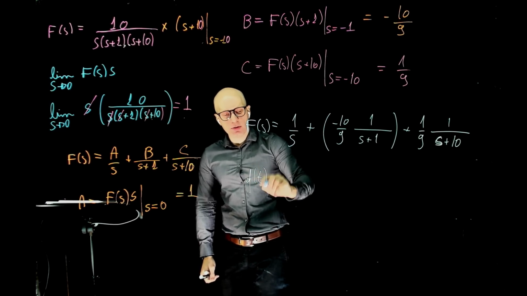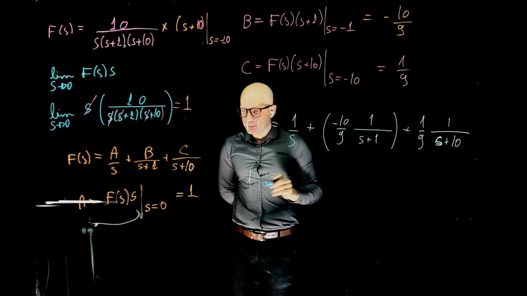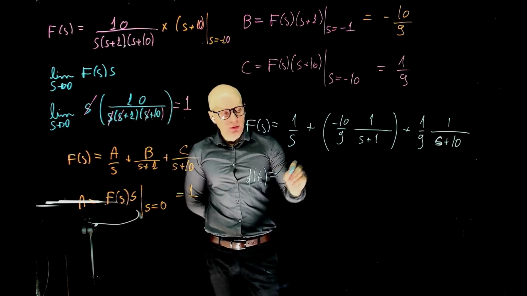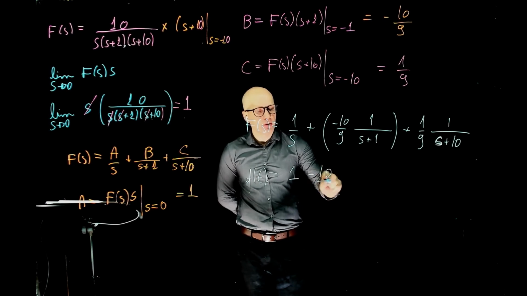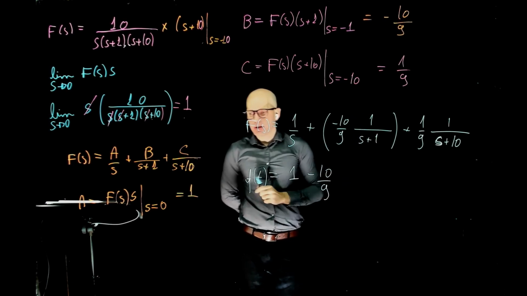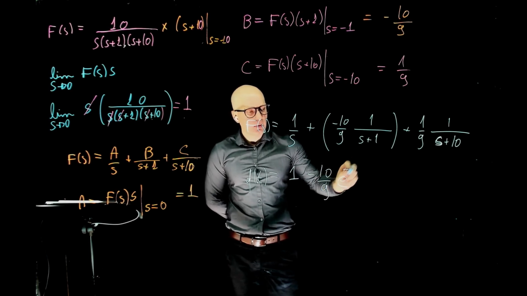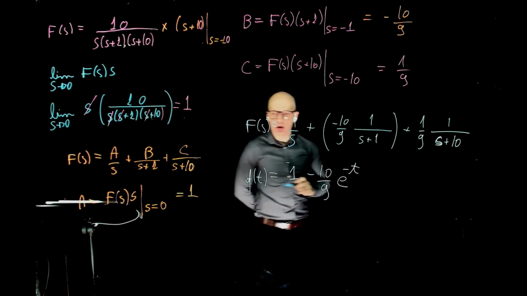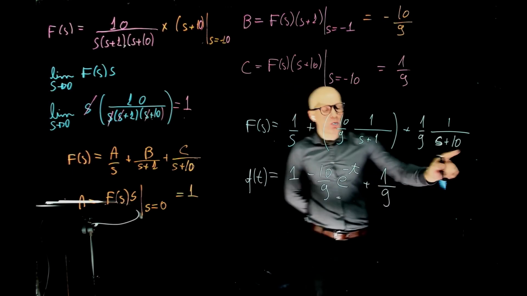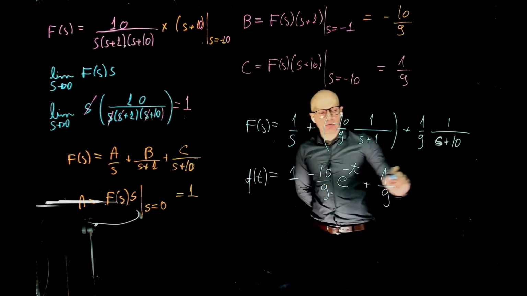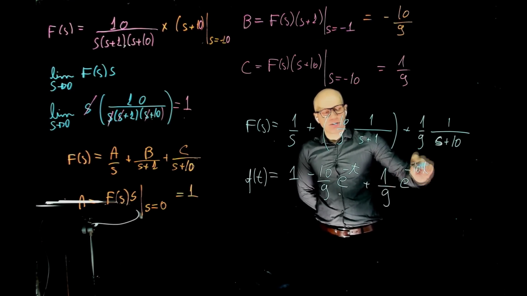That's f(t). Inverse Laplace of 1 over s is 1. Inverse Laplace of 1 over s plus 1 is e to the power of minus t. Very good. And inverse Laplace of 1 over s plus 10 is exponential of minus 10t.